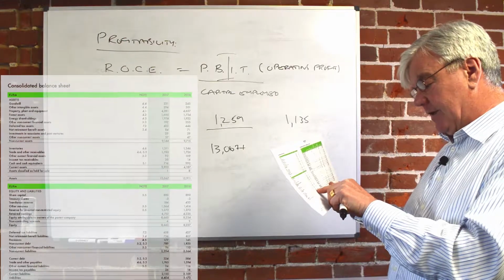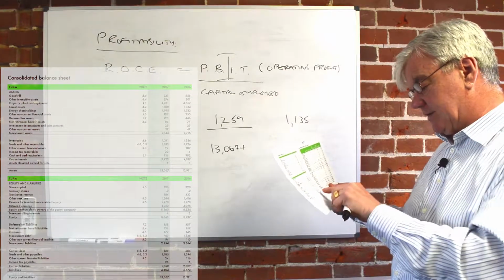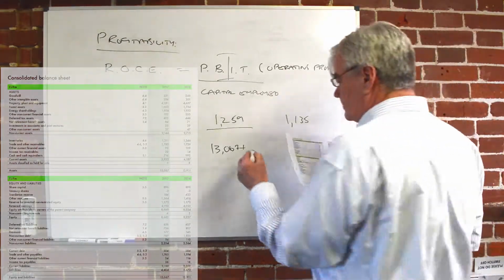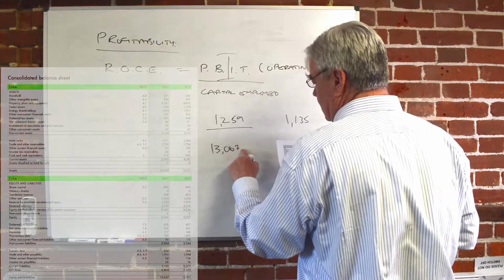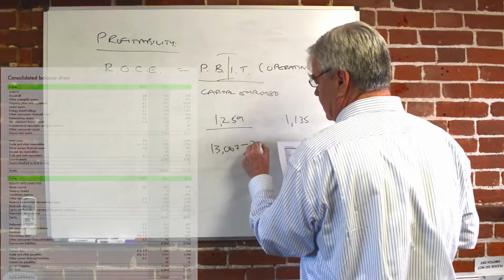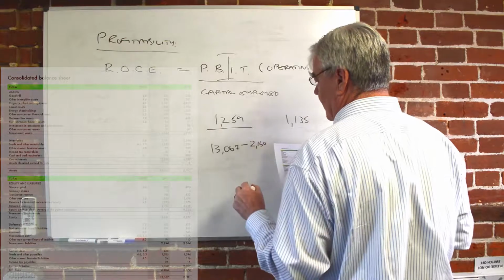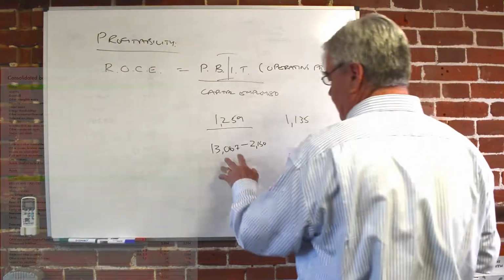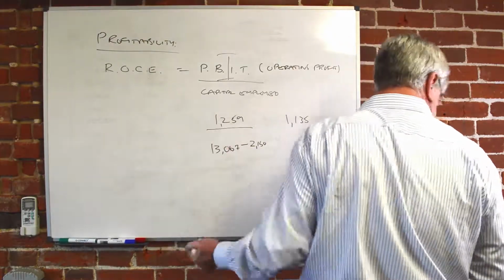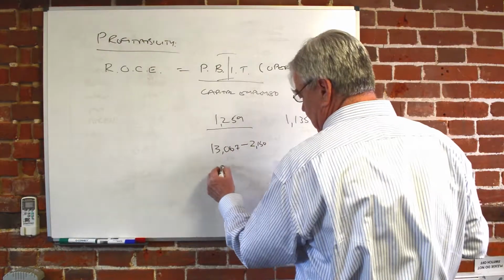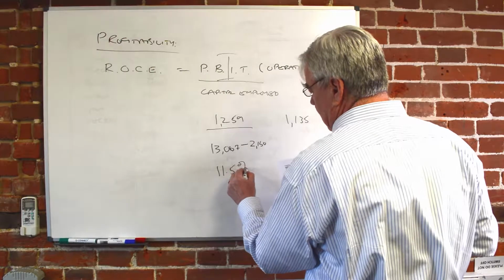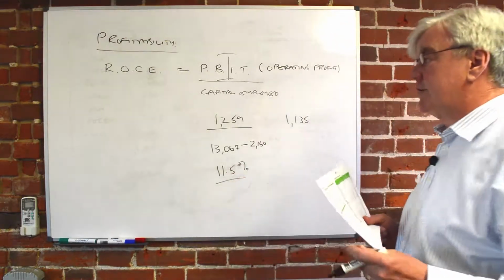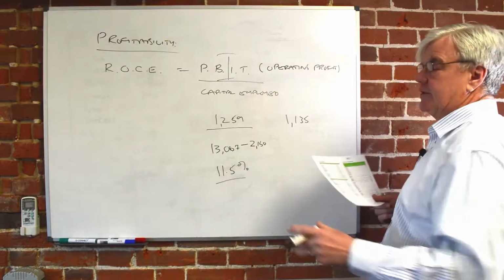And my current liabilities, because I want my net assets, 2150. So take away that sign, 2150. So if I do that calculation, you'll have to trust me because I've just done it on the calculator, and I multiply by 100, and you'll see that this one here always shows a percentage.